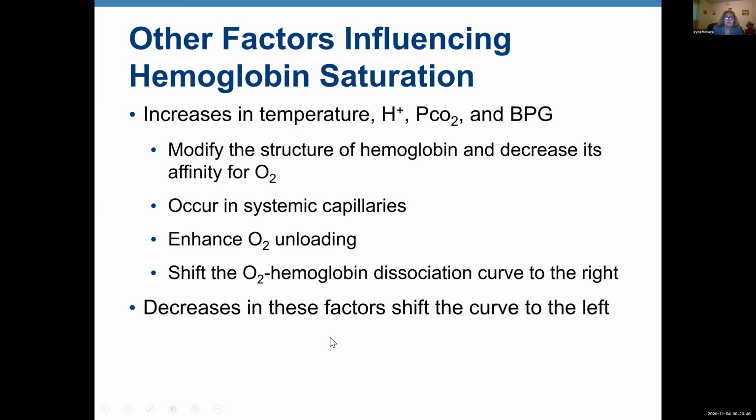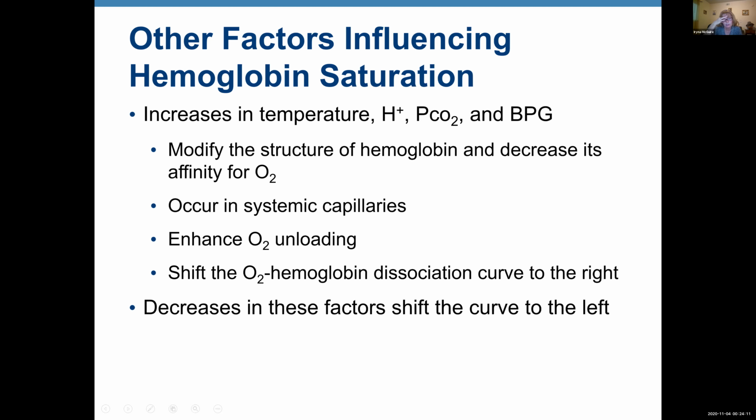So other factors that influence hemoglobin saturation are increase in temperature, concentration of hydrogen ions, and partial pressure of carbon dioxide. All these factors modify the structure of hemoglobin, and hemoglobin is a protein.